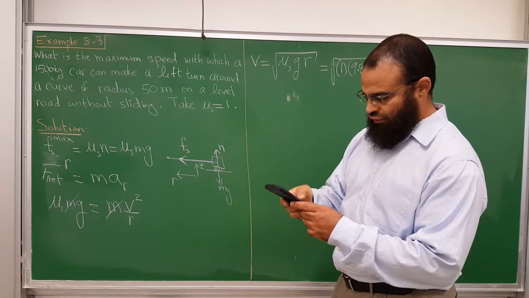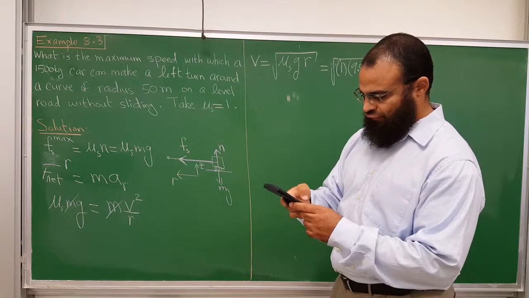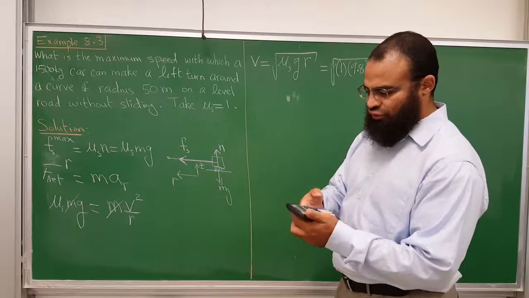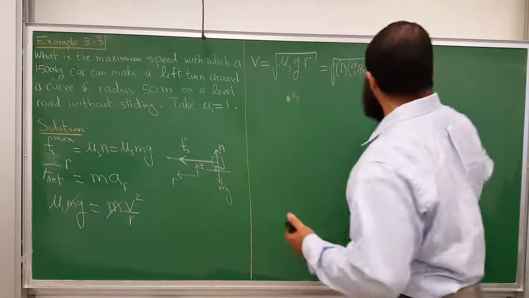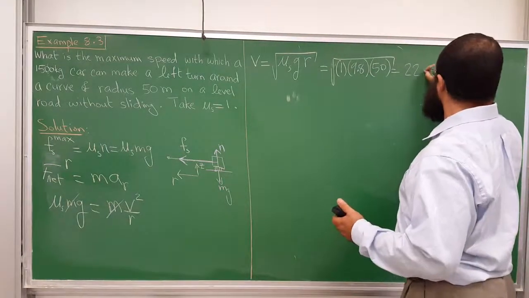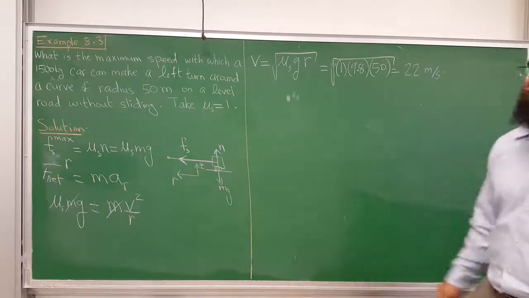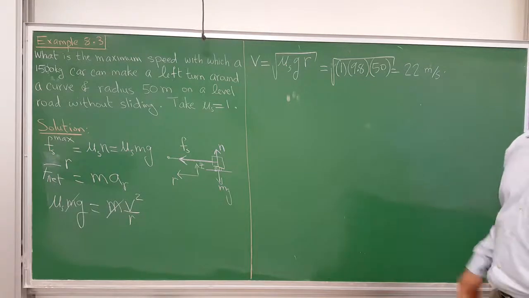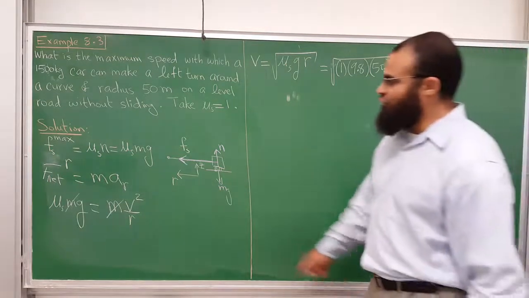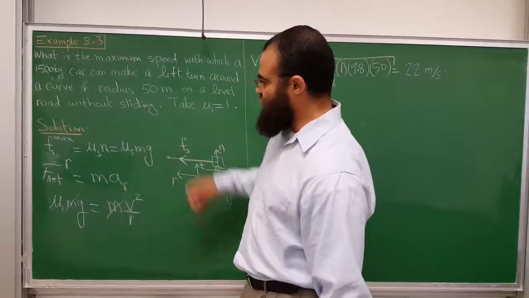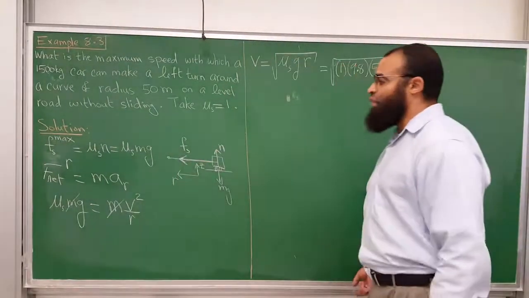I get roughly 22 meters per second. So that's how fast you can go. If you go faster, you will start to skid. If you go slower, no problem. Friction can accommodate for that. Friction would be slightly less. The force of friction takes values between 0 all the way to some maximum.